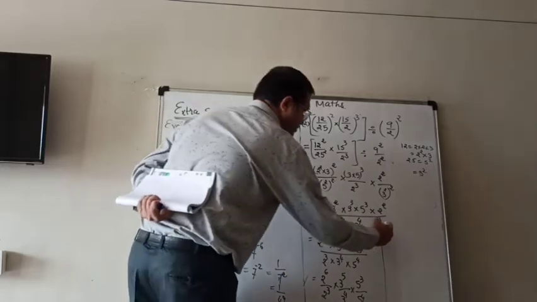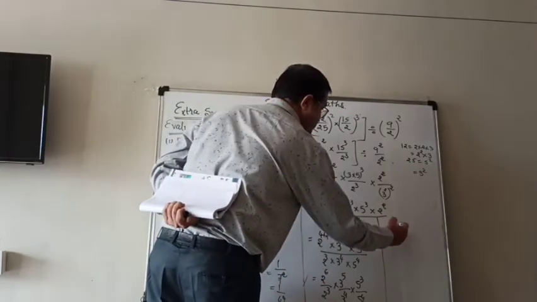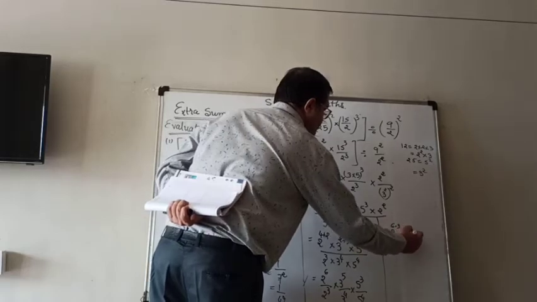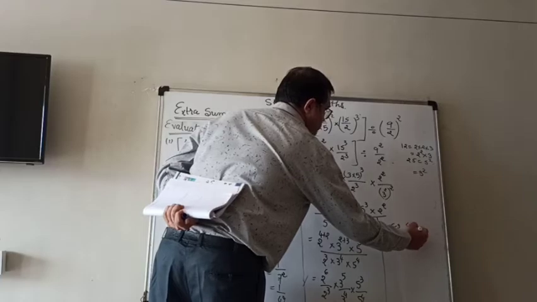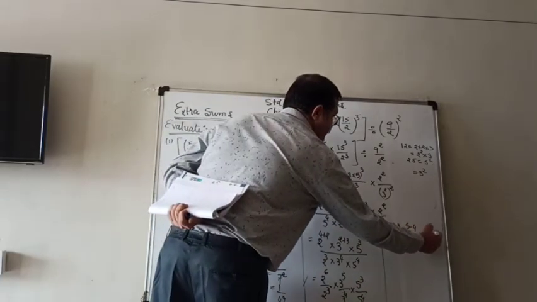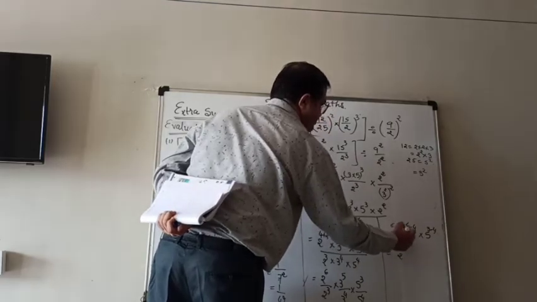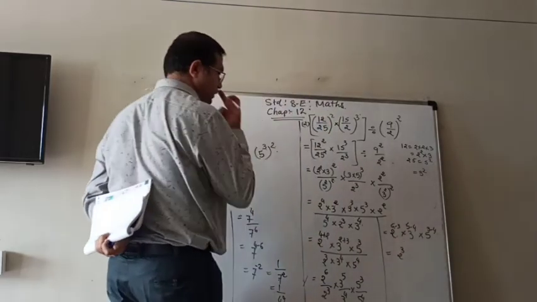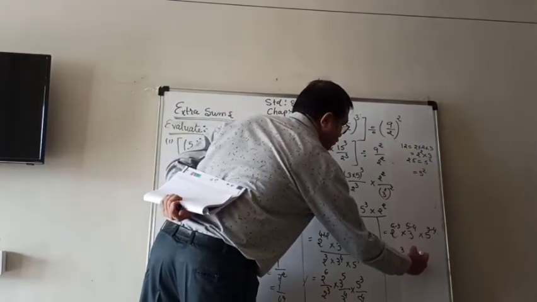So now subtraction. So 2 raised to 6 minus 3, 3 raised to 5 minus 4, and 5 raised to 3 minus 4. 6 minus 3 is 3. 3 raised to 1 is 3.